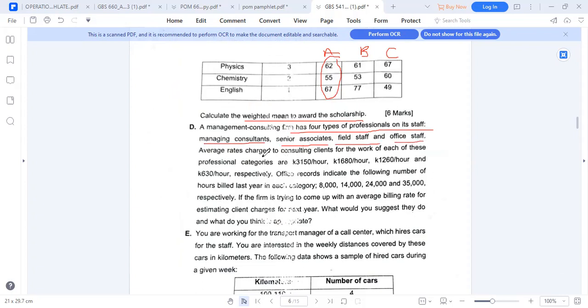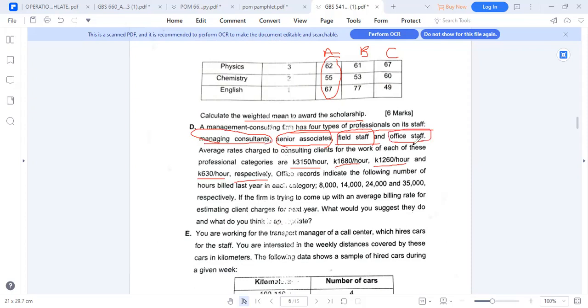The average rates charged to consulting clients for each professional category are 3,150 per hour, 1,680 per hour, 1,260 per hour, and 630 per hour, respectively.